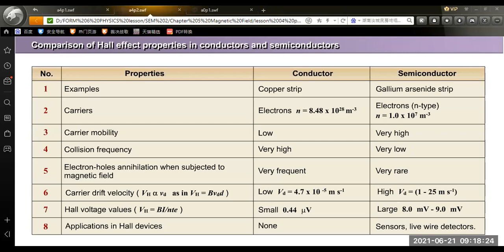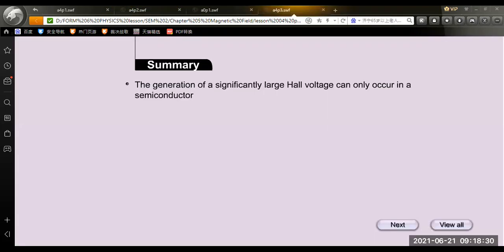So next, as a conclusion, we can say that the generation of a significantly large Hall voltage can only occur in a semiconductor.